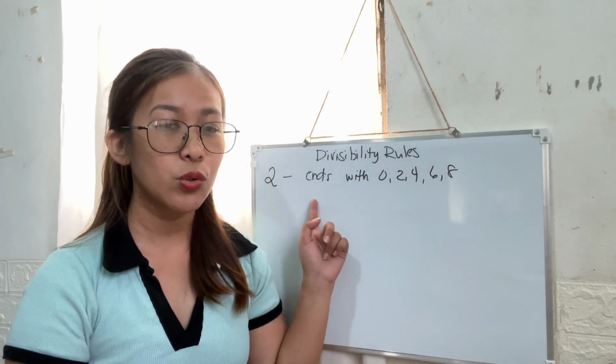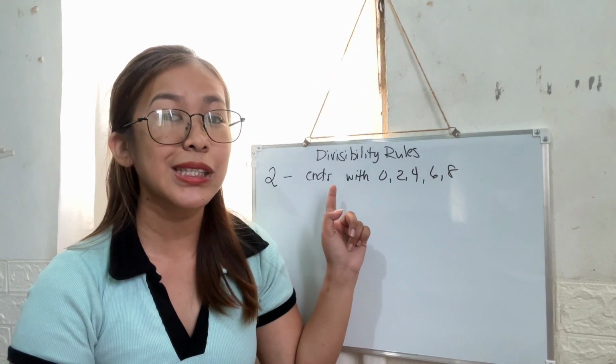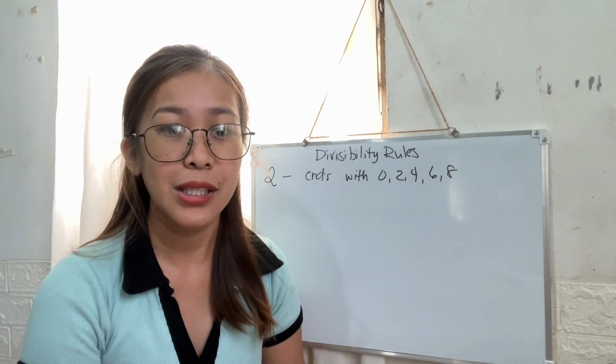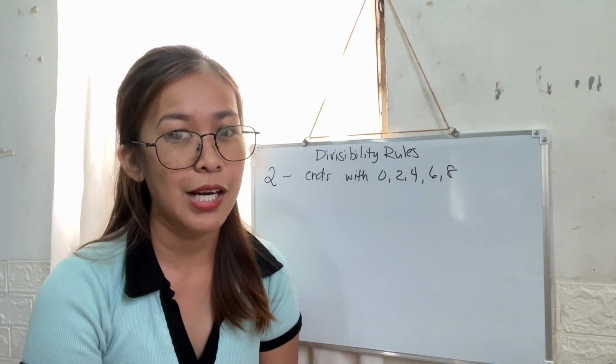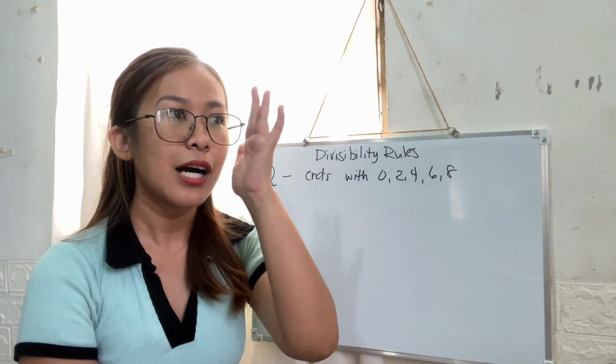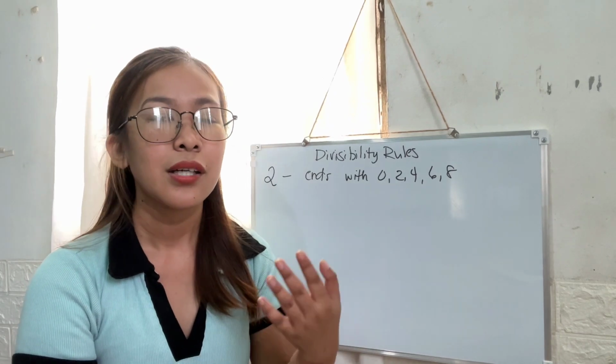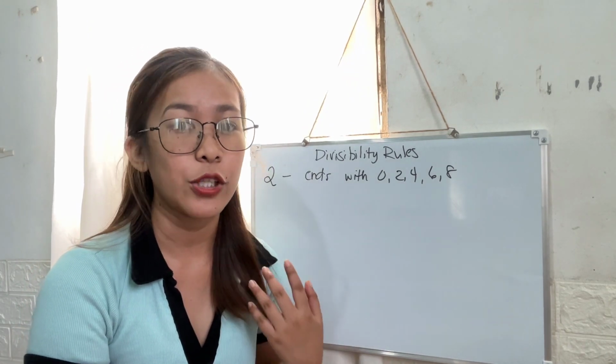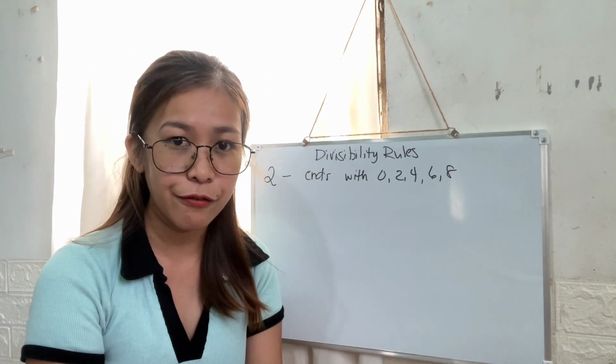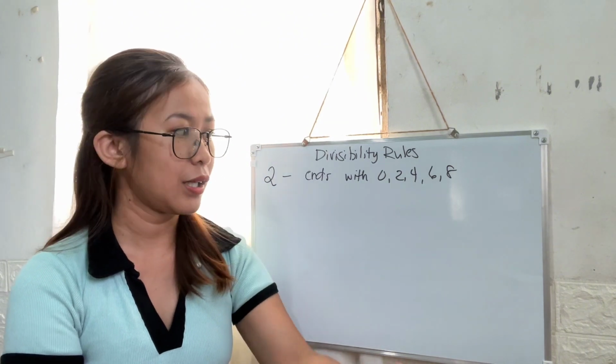Basically, divisibility rules for 2 is the easiest one. And super dali lang niya because alam mo naman kasi yung even numbers. Ano po ba yung even numbers? Ang even numbers are numbers that can be divided by 2 or can be half. Okay? Can be divided into half.